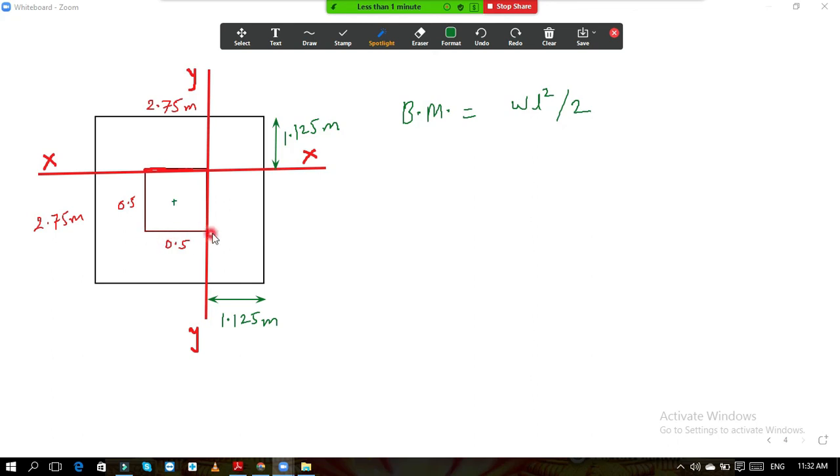So if this total is 0.5, from center to left hand side face of the column it is 0.25. And if this total is 2.75, then from the center up to the right hand edge of the footing it is 2.75 by 2. In that way we have calculated this much of the distance and this much of the distance.